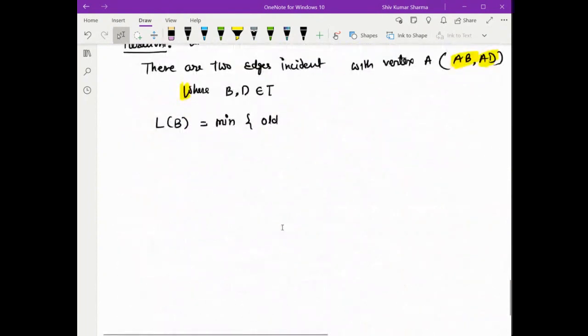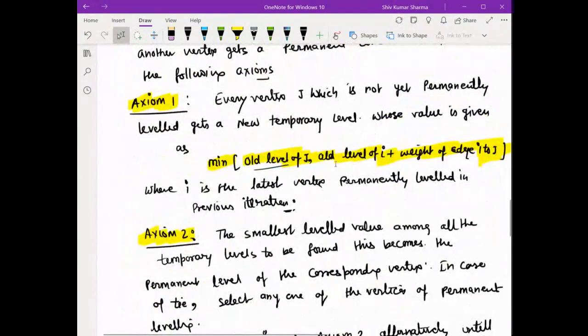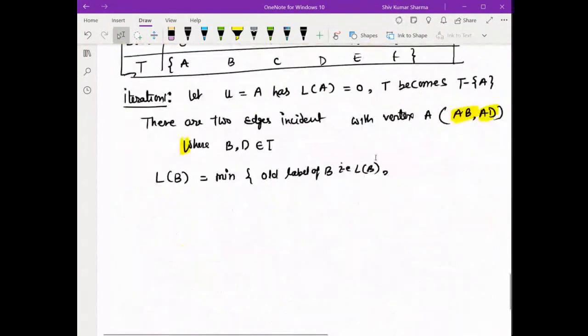So here B is used as J. So old level of B, comma, old level of I. Level of I means A. Old level of A plus weight of AB. Weight of Ij. Ij means AB.